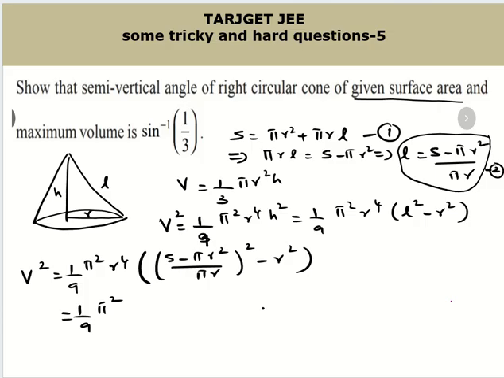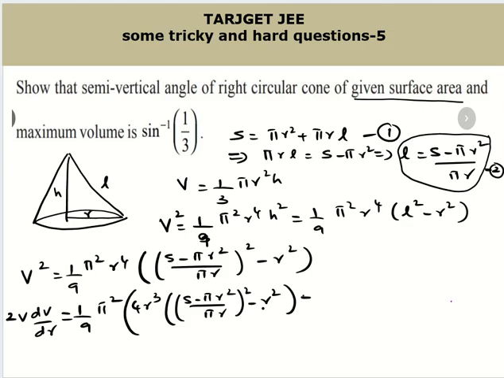Let us just differentiate: 2V dV by dr. Constant remains as it is. First let us differentiate this r power 4. We will get 4r cube into S minus pi r square by pi r the whole square minus r square.